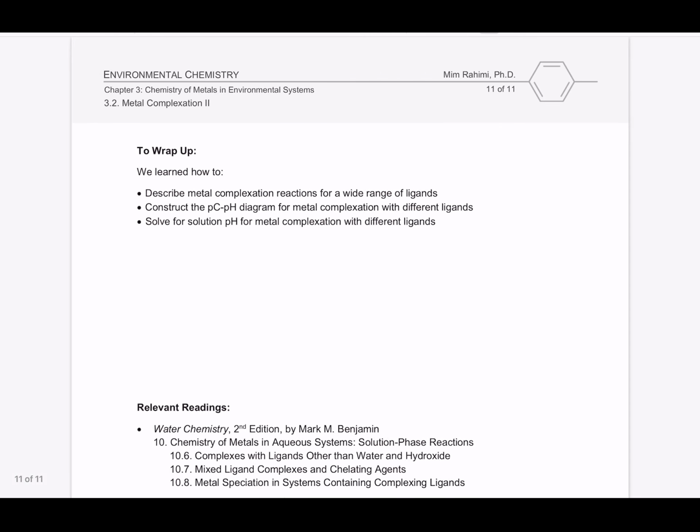So to wrap up, what we talked about here was basically more ligands. Previously we had metal with water and hydroxide, but now we talked about metal with ammonia, with, for example, Cl minus, and so on. But the concept is similar.